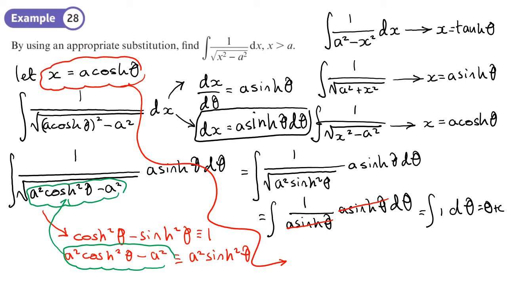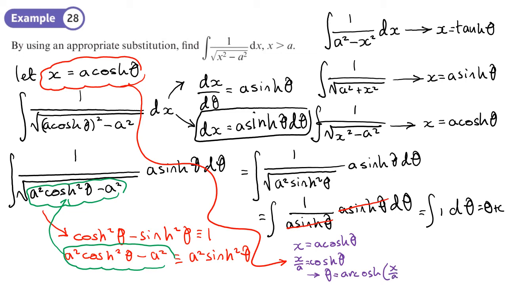So what did we have at the start here? x equals a cosh theta. Divide both sides by a: x over a is cosh theta. Do arc cosh of both sides. Theta equals arc cosh of x over a.